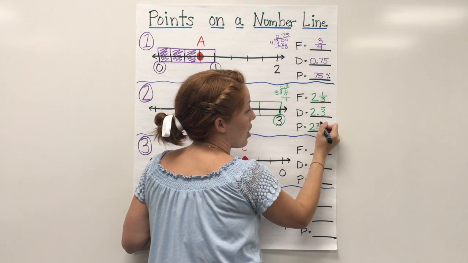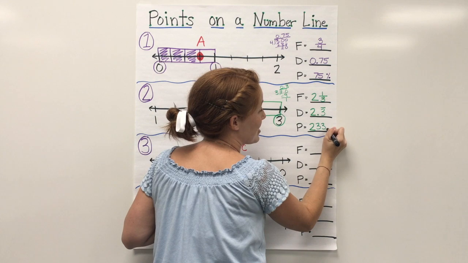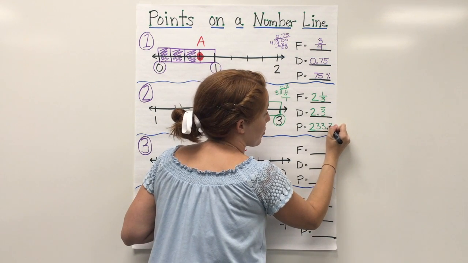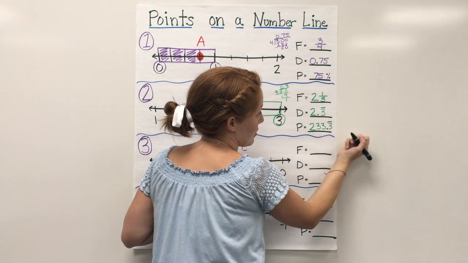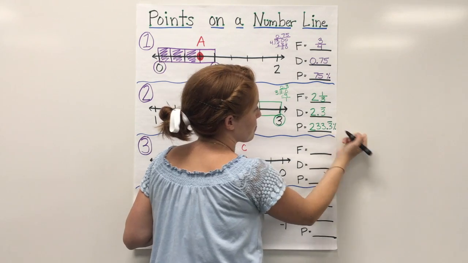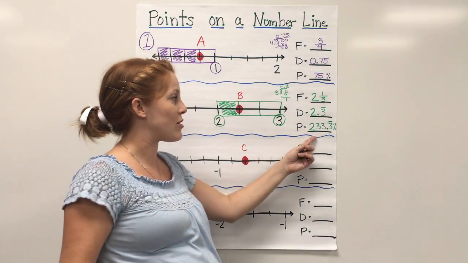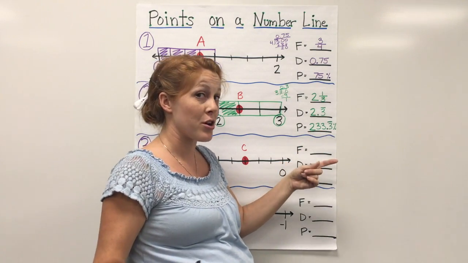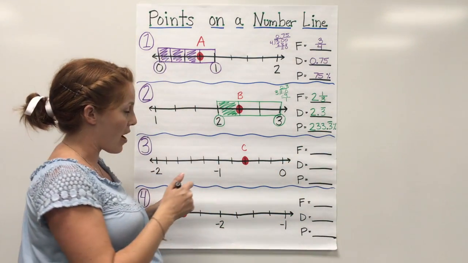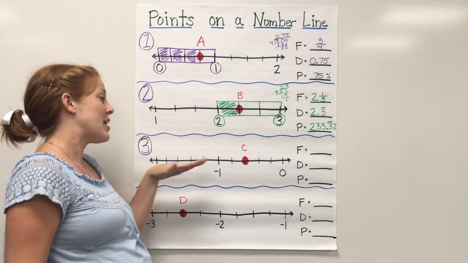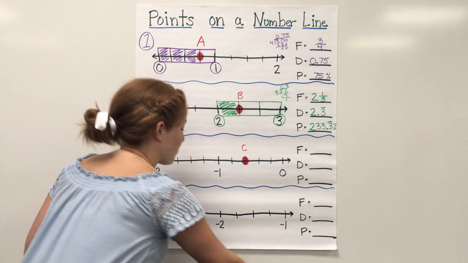Since I can't put a line over a whole number, I have to add a decimal and put one more 3 before I put the line, and then the percent sign. Okay, so 233.3 repeating percent, or you could also say 233.33%.